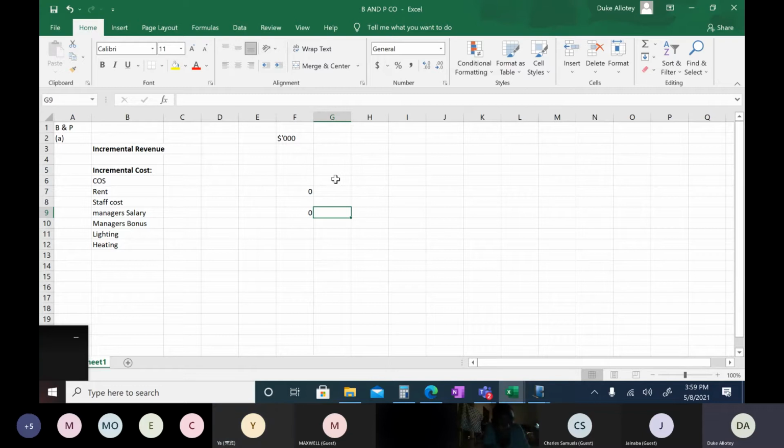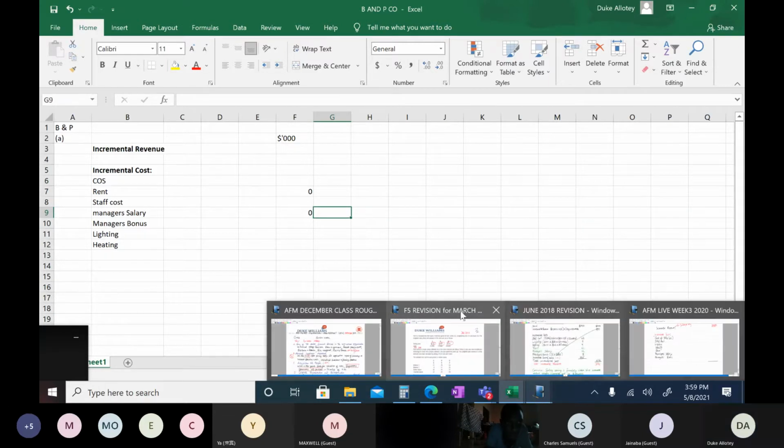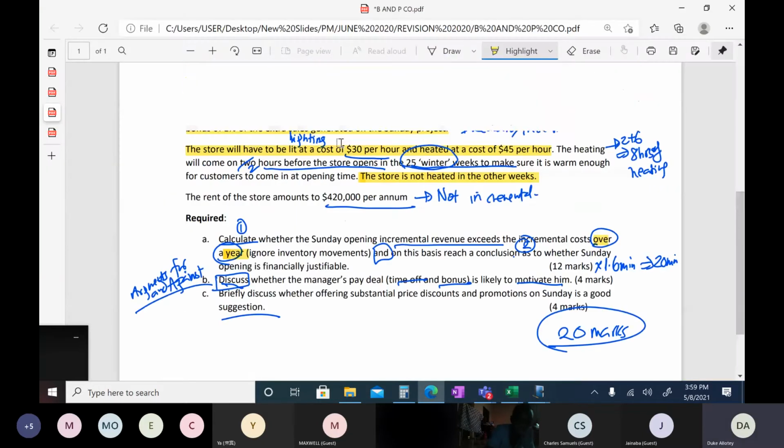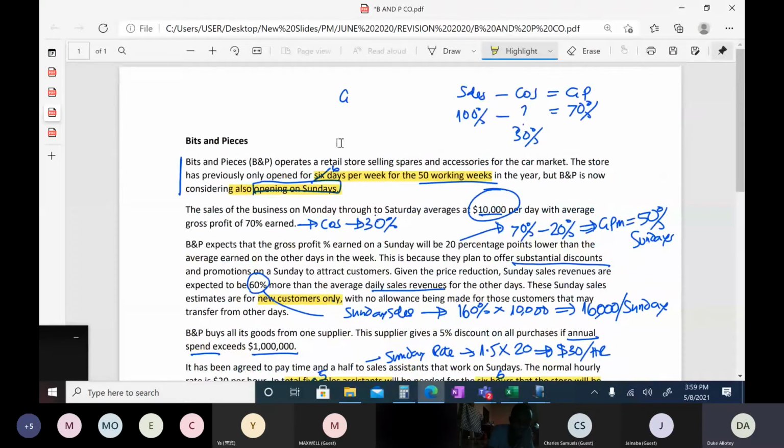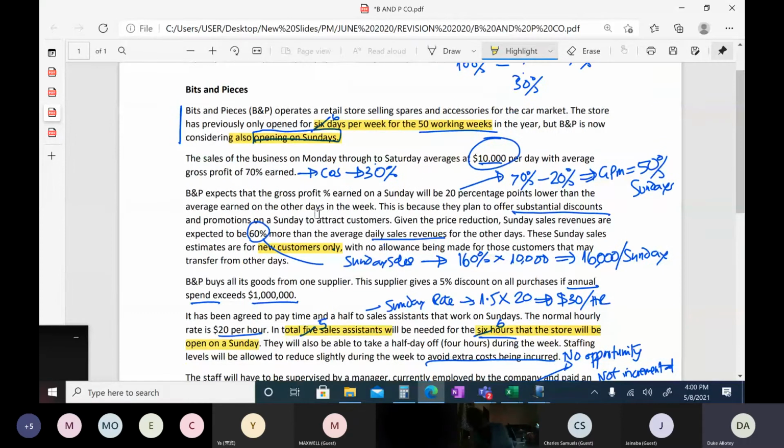So I want us to look at the incremental revenue. The question says that incremental revenue means we are only going to consider Sunday sales. The Sunday sales are expected to be 60% more than the average daily sales.